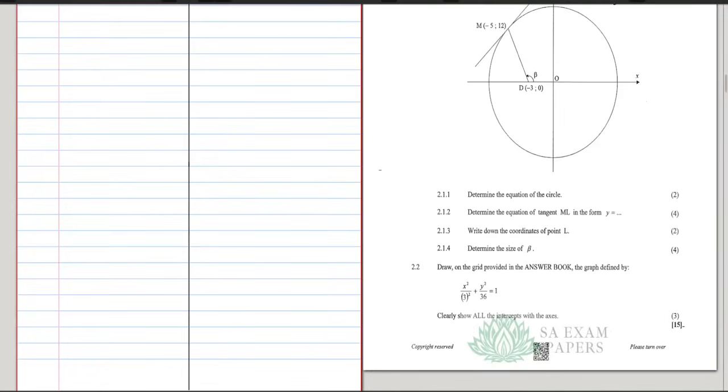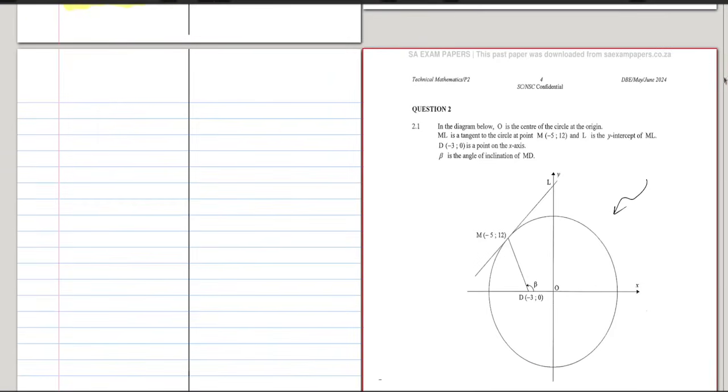Now, in the diagram below, O is the center of the circle at the origin. This is important. ML is a tangent to the circle at point M. Another piece of information that is important for answering this question.